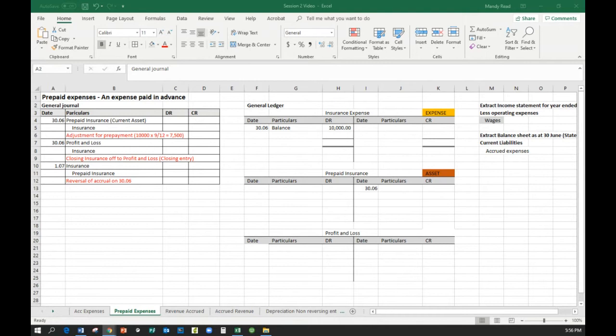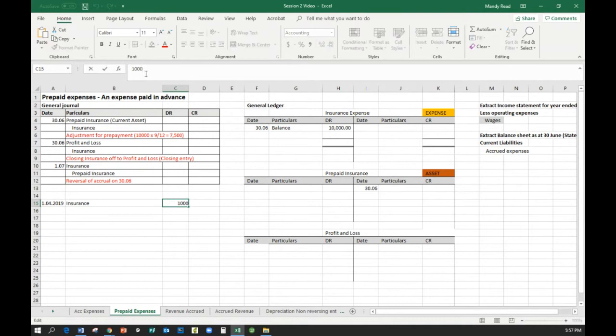So just at the start of the question, it says that on the 1st of April, the 1st of the 4th, 2019, we would have paid for this insurance. Now you've paid cash for the insurance, so you would have the insurance amount of $10,000.